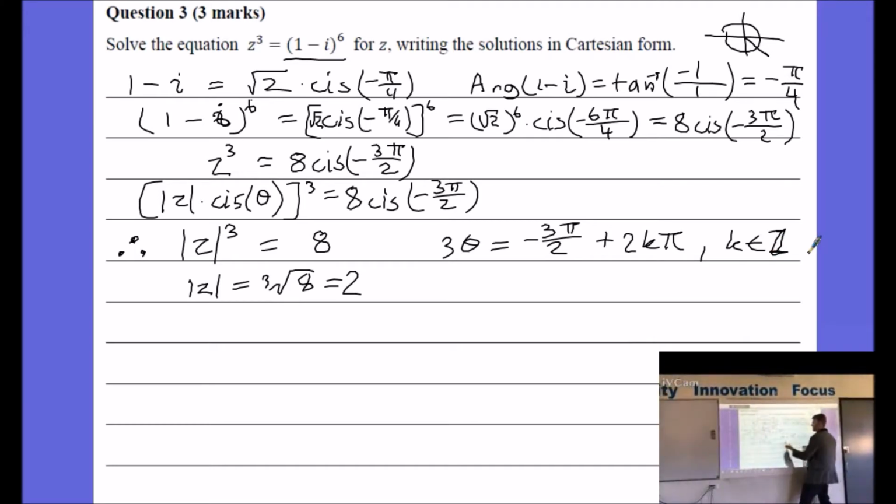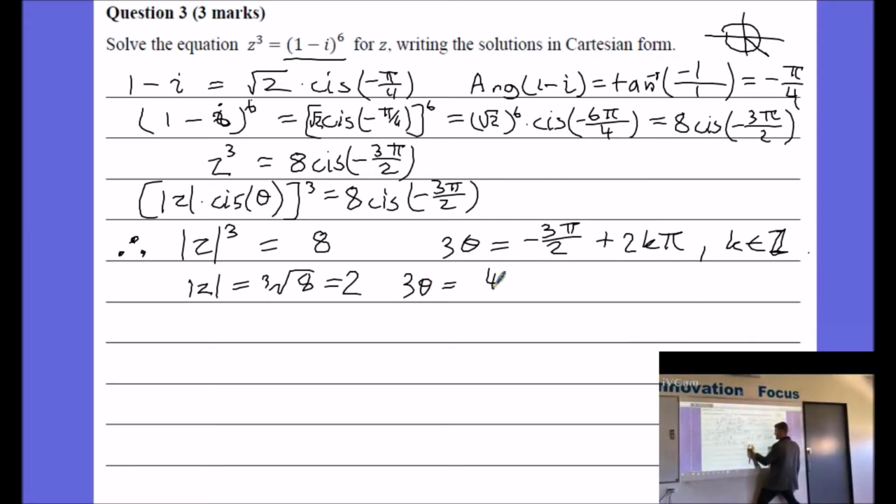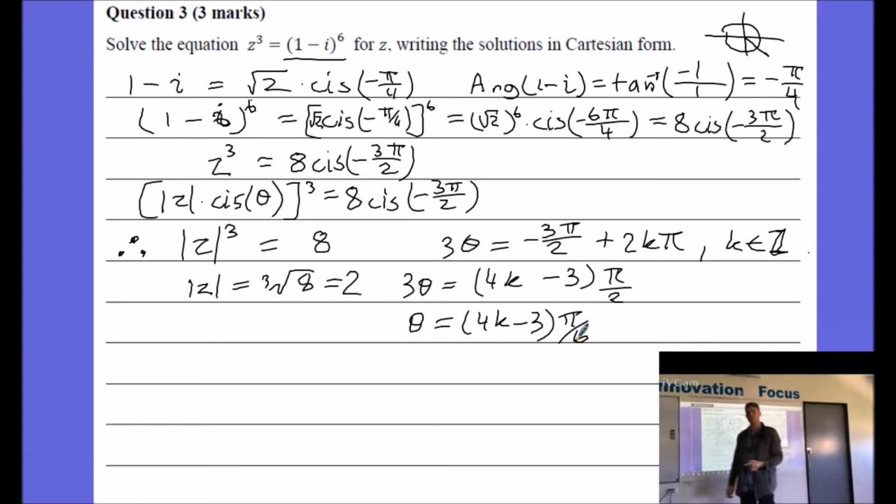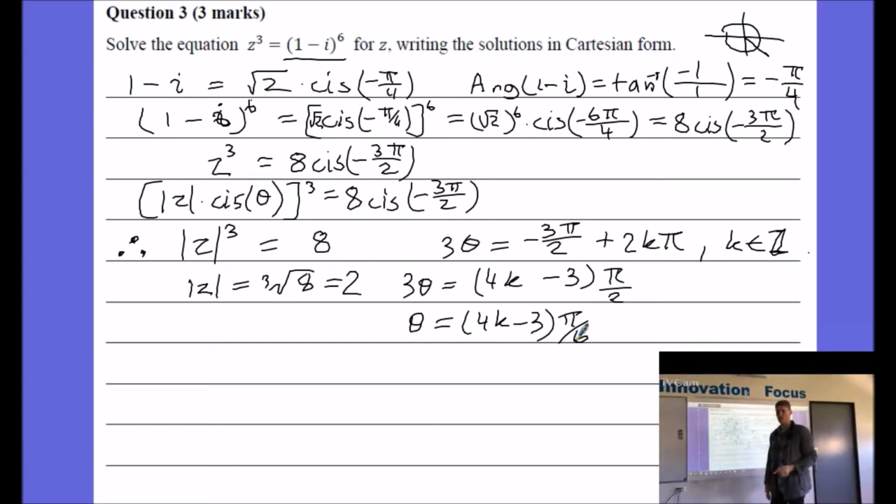Alright, so from there, let's simplify this a little bit more. We could get a common denominator and we'll end up with a 4k minus 3 as an overall multiple of pi on 2. And so theta, as a simple rule now, will end up being divided by 3, and we're going to have pi on 6 angles with this multiple in the numerator. Okay, so from that now we're going to put them all together and determine all our complex roots.